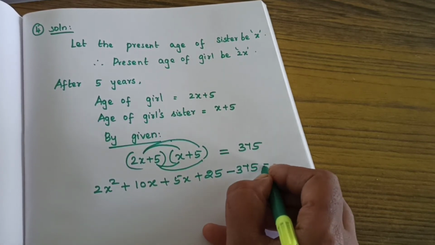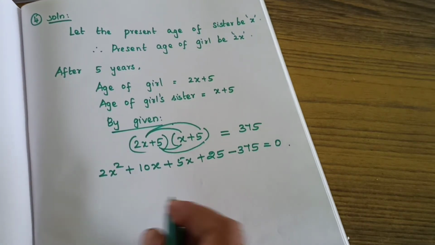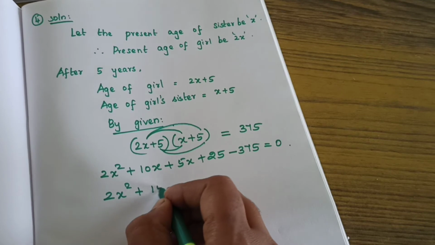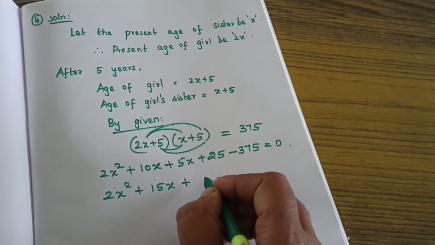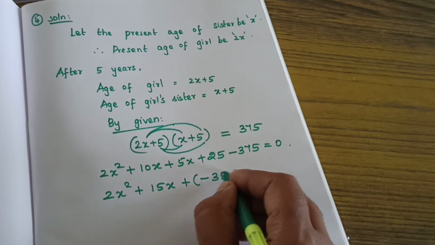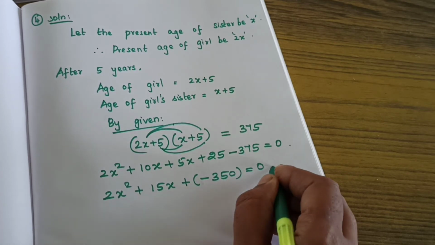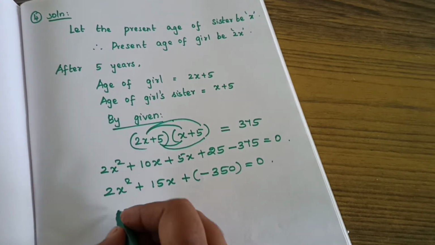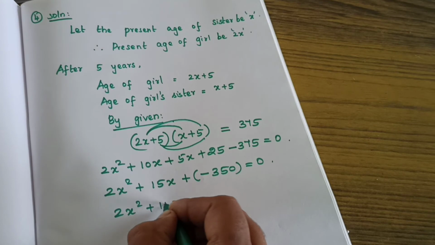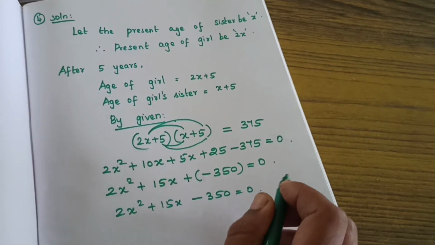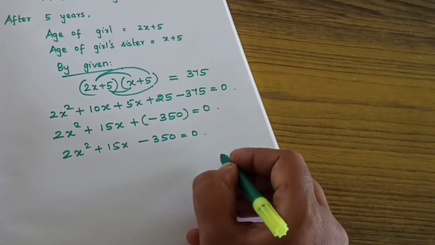So 375 equal to 0. After that 2x square plus 10x plus 5x, 15x, plus 25 minus 375, minus will come now. So minus 350. While subtracting we are getting this. Then you need to calculate here 2x square plus 15x minus 350 equal to 0. So factorization we need to do here.